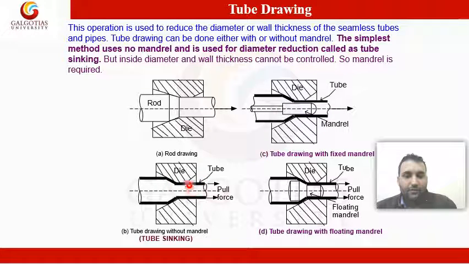If you want to control it, then we have to insert a mandrel here. This is the mandrel, which is inserted in the die so that the internal and external diameter can be controlled. This is a fixed mandrel, so it does not change its length. This is a floating mandrel, which changes its length according to our product.